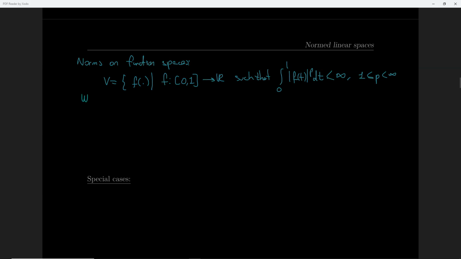And in that case, we can define norms as follows. The norm of f in p is defined as the integral from 0 to 1 of the absolute value of f of t to the power p dt, to the power 1 over p.